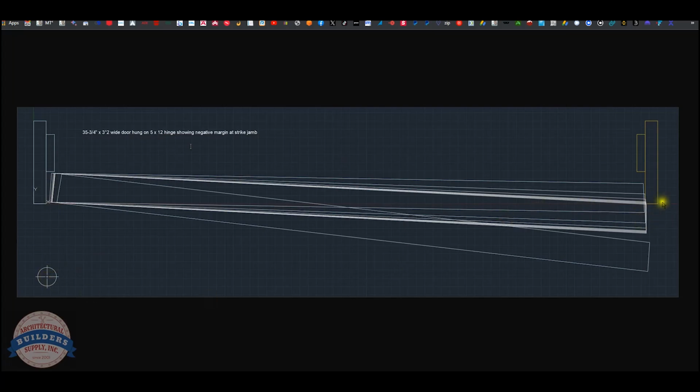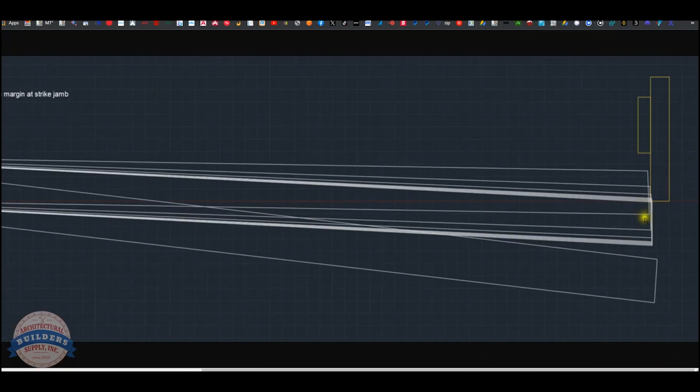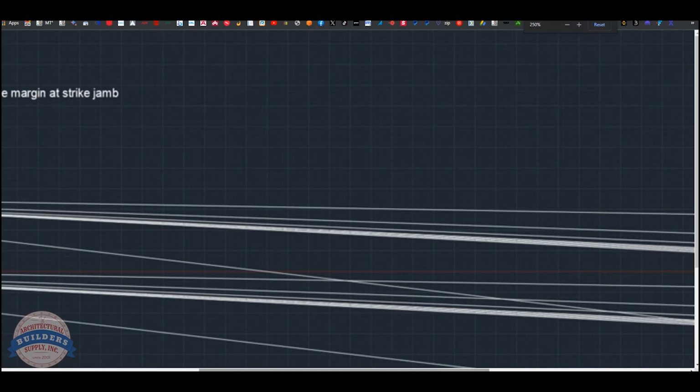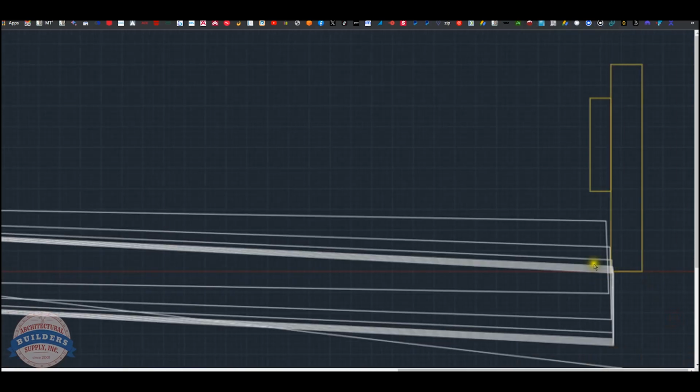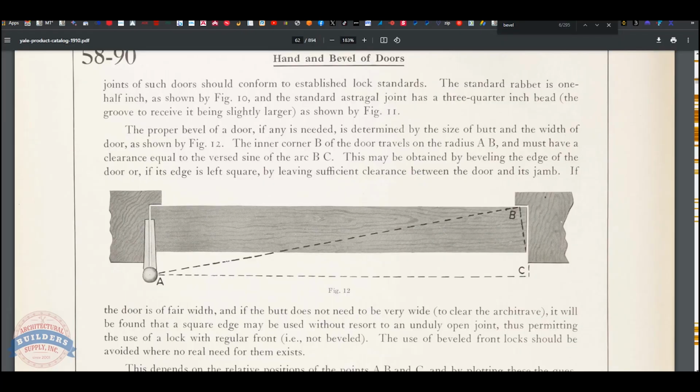And when you get over here, a standard 1/8 of an inch margin between the door and frame simply does not work. It just doesn't work because there's not enough room. The gap between the edge of the door and the jamb is too small, or the bevel is not aggressive enough.